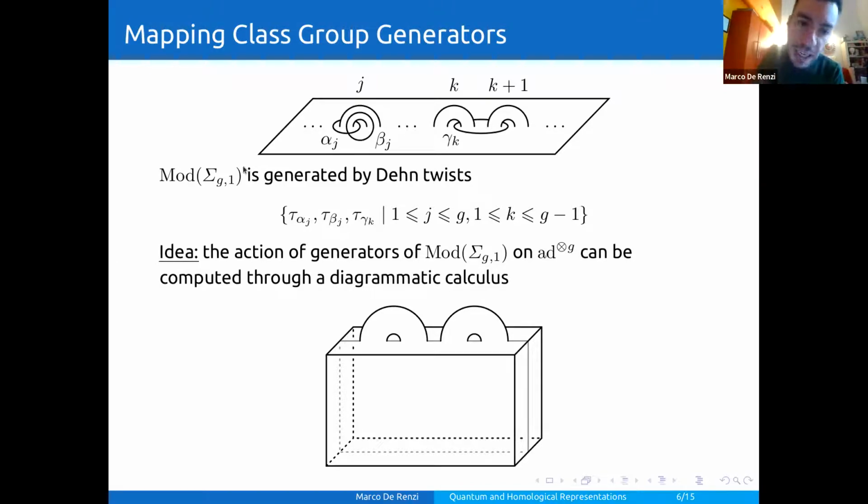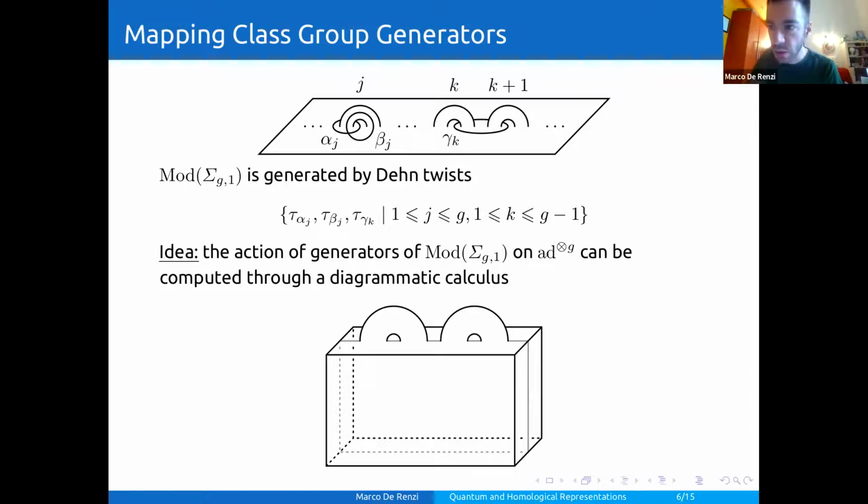Right. So the idea is essentially that the action of generators of the mapping class group can be computed through a certain diagrammatic calculus, as it always happens in quantum topology. And the definition of the quantum representation uses really the TQFT, so it uses cobordisms, and in particular the fact that every element of the mapping class group can be essentially identified with a cobordism, which is called its mapping cylinder.